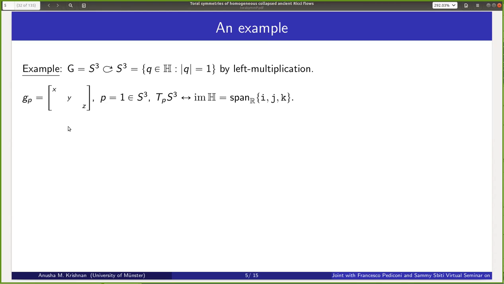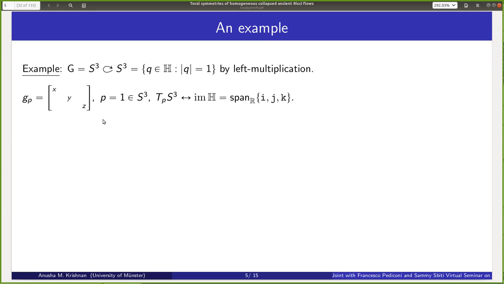Up to isometry, you can assume that the metric is diagonal in the basis spanned by these imaginary quaternions I, J, and K, and the metric on the tangent space at the identity has these three eigenvalues x, y, and z.